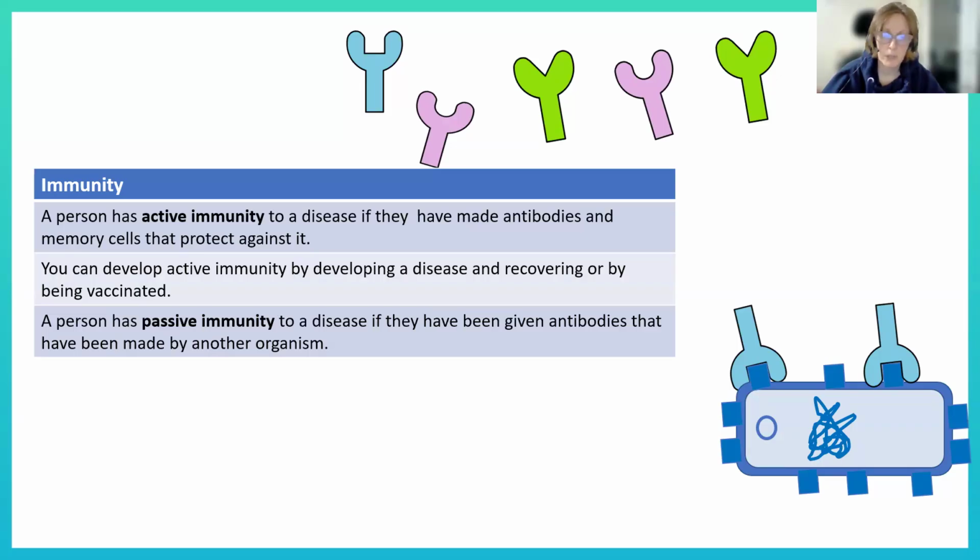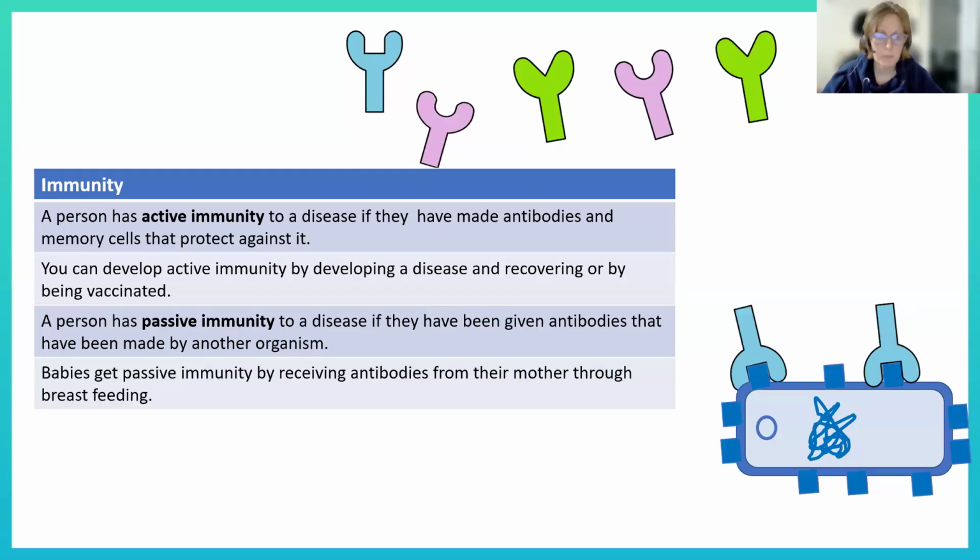Another type of immunity you can have is passive immunity. That's when you're given antibodies that have been made by another organism, which might sound a bit weird, but that's what mothers do for their babies when they breastfeed them. So babies get passive immunity by receiving antibodies from their mother through breastfeeding. So there's two types of immunity, active and passive immunity.